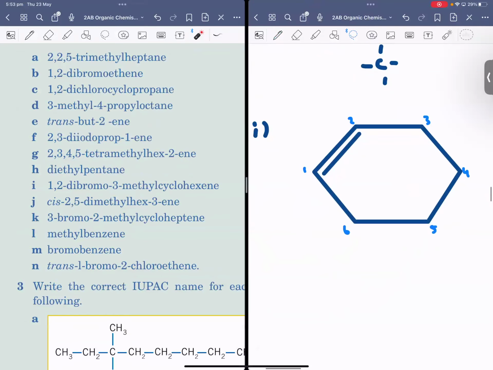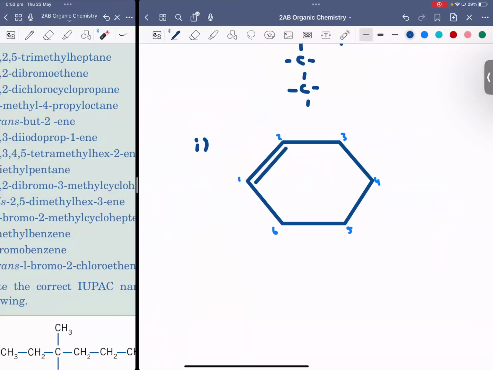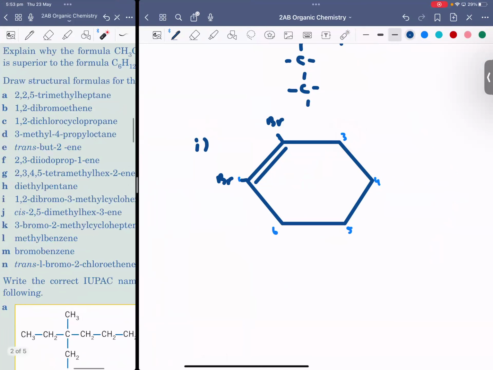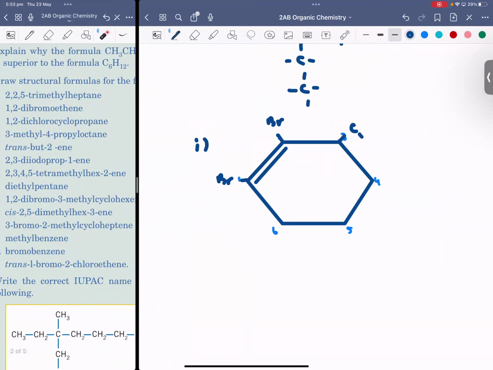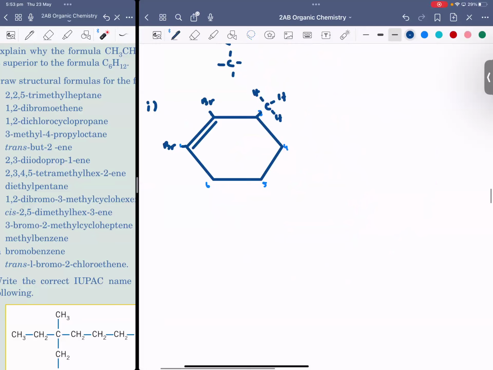Now that I've got that, it should be easy because it says 1, 2 dibromo. So the 1 and the 2 have bromines coming off them. Bromine here and bromine here, okay? You don't write the numbers, that's just to help you out. And the 3 has got a methyl. So every other school will accept that. But at your school, you actually have to draw this.